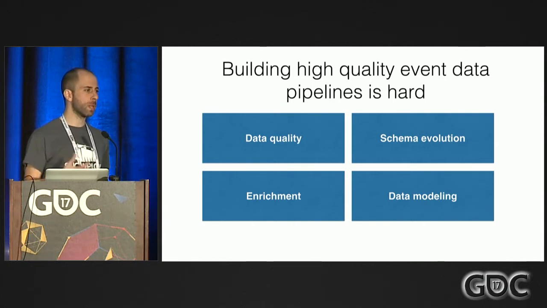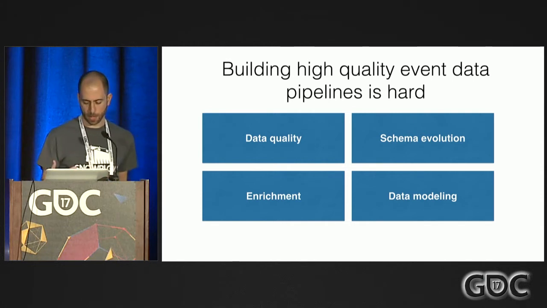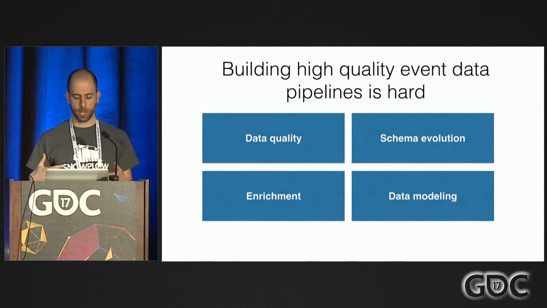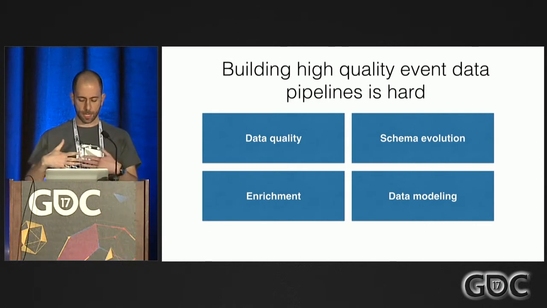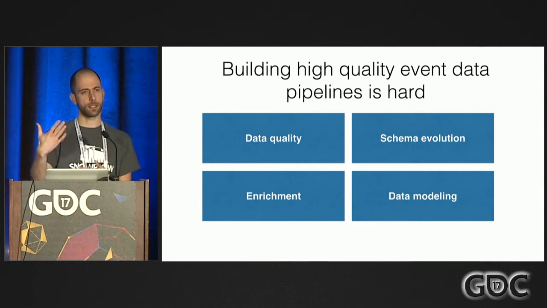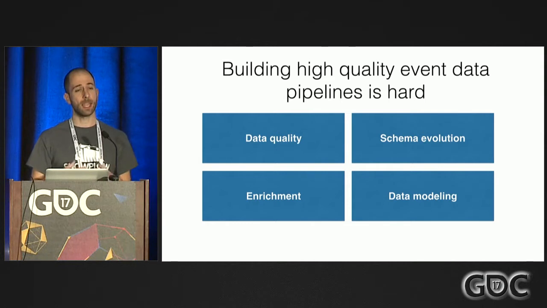And then something that we're spending more and more time at Snowplow thinking about is something we call event data modeling. Our users typically have this very, very rich, very granular, very detailed data set that describes everything that's happened, every action that the player has taken in their game. And that's actually a very difficult data set to consume and ask questions of. It's a fine data set if all we want to do is count the number of events that have occurred and group them and compare them between cohorts.